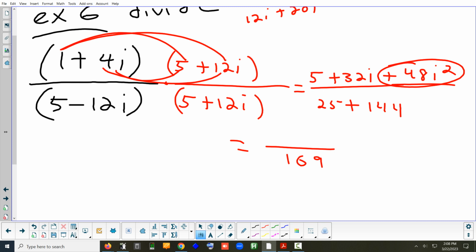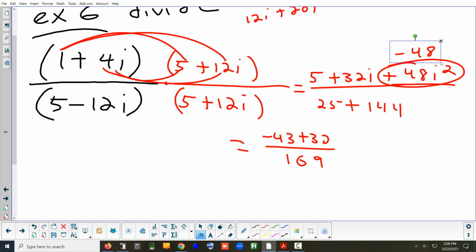Negative 48. So if we just write it above it, we don't have to rewrite the whole problem just to do that one step. Now we've got some like terms we can combine again. 5 minus 48. What's 5 minus 48? Negative 43.